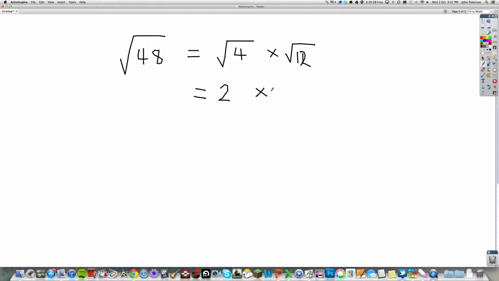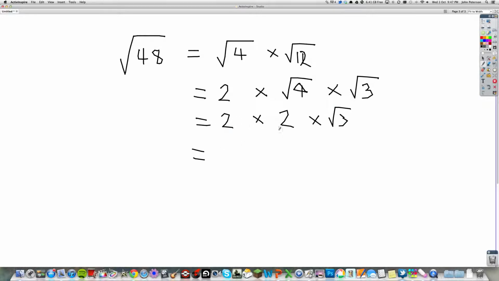Now 12, break this down again, it's the square root of 4 times by the square root of 3. So I end up with 2 times by the square root of 4, which is 2, times by the root of 3. If I simplify this down, 2 2s are 4 root 3.